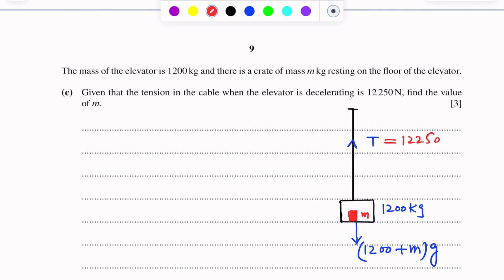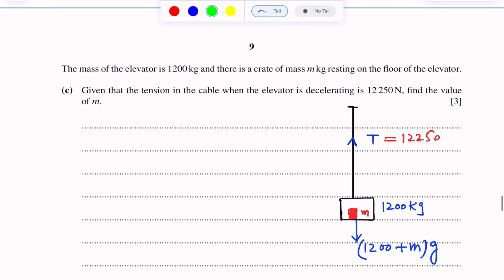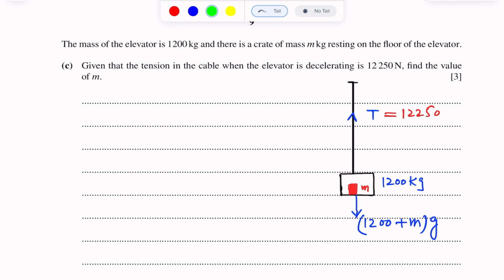Now we use here Newton's second law of motion, F is equal to ma. So this is the net force. Net force in this question is T minus the weight of the elevator and the crate, equal to ma.